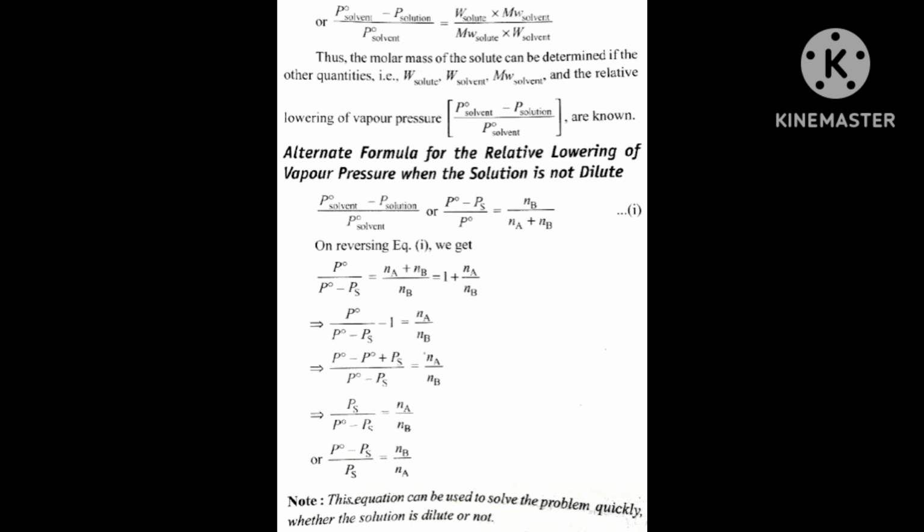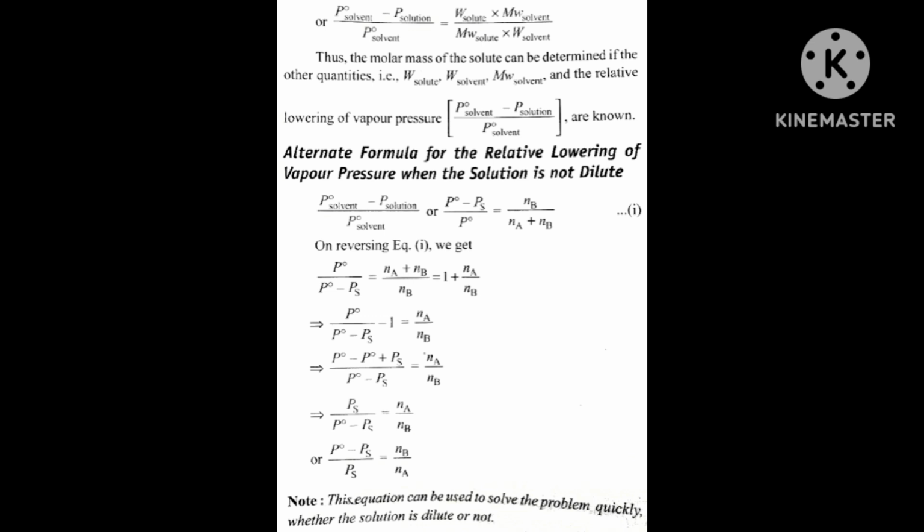Delta P is the difference of two pressures, P1 naught minus P1, and below it is P1 naught. That is equal to x2. This is called the relative lowering of vapor pressure. You have derived the relation. It means the ratio is the relative lowering of vapor pressure.